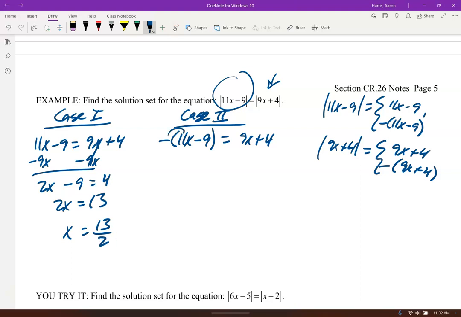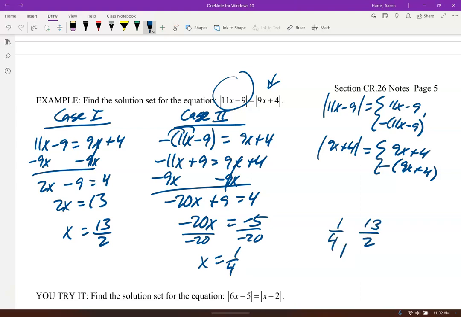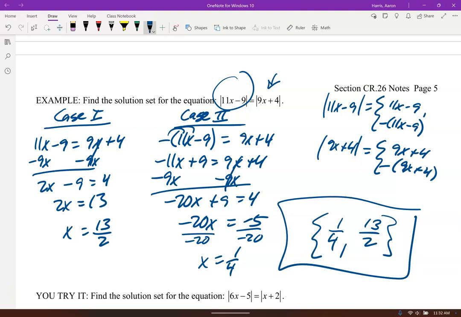And let's see, over here I got subtract 9, divide by negative 20, so that's 1/4. So it looks like I have 1/4 and 13 halves.